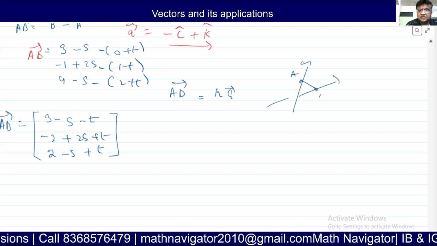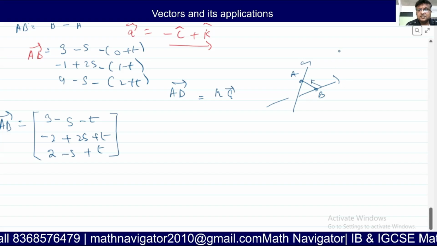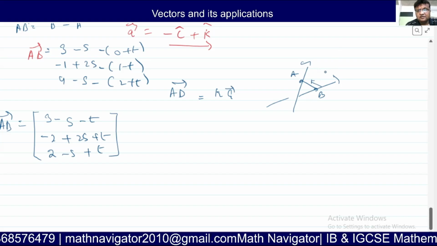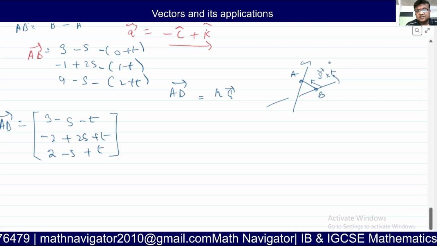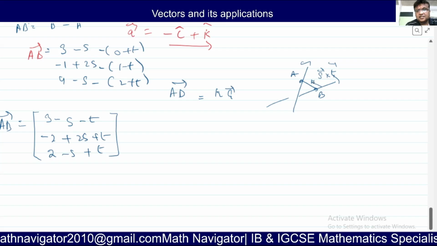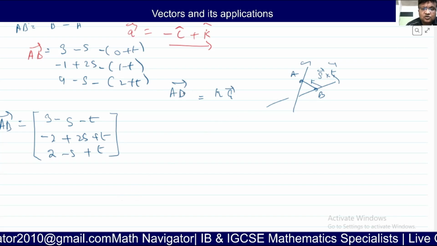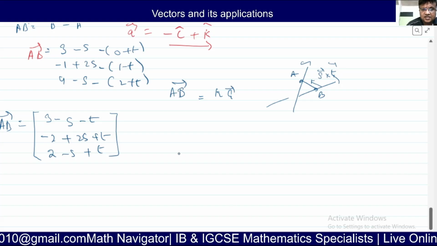This is A, this is B. And if I'm taking the cross product of the vector, this is the cross product vector, which is vector S cross vector T. So they are in the same direction, vector AB and this, but the lengths are different. So I can say vector AB is equal to K of vector A.